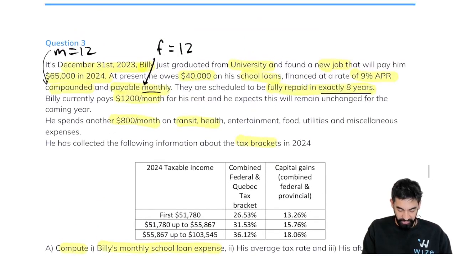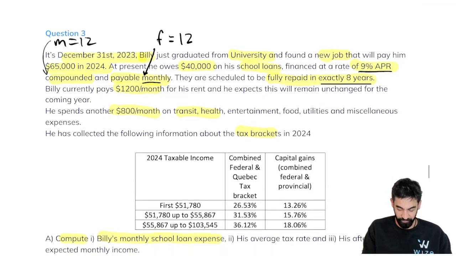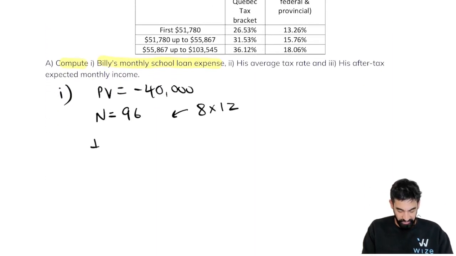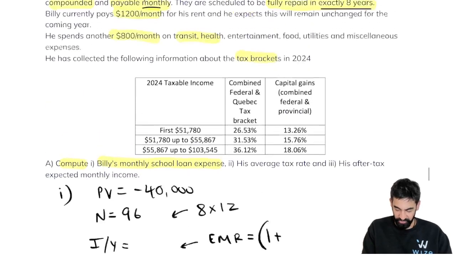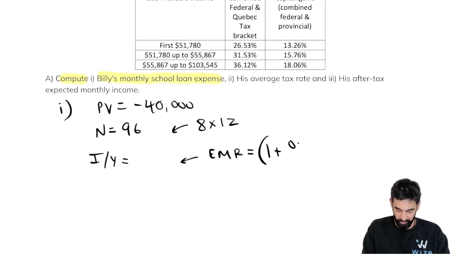What is the IY? It says 9% APR compounded monthly. So to find the effective monthly rate here, I have to do EMR, which is 1 plus the APR. So that was 9%, right? So 1 plus 0.09 divided by 12, divided by M, to the power of M over F. So the M is 12 and the F is also 12 because it's monthly payments.